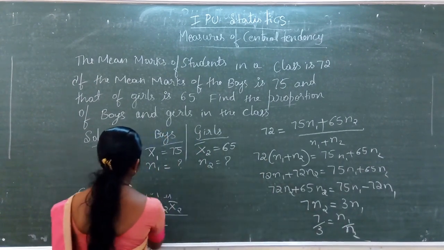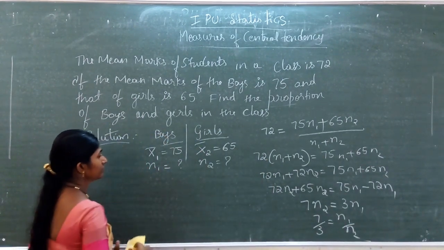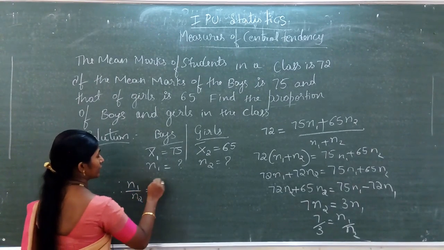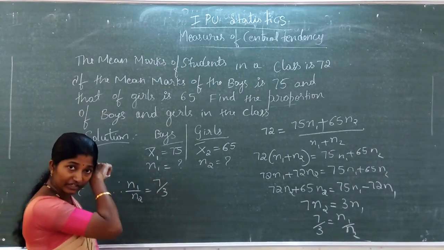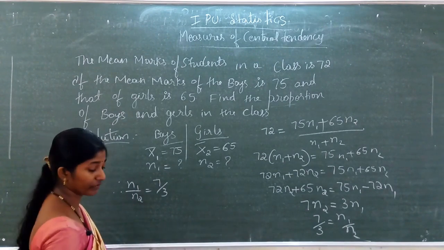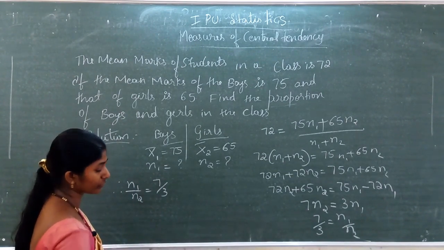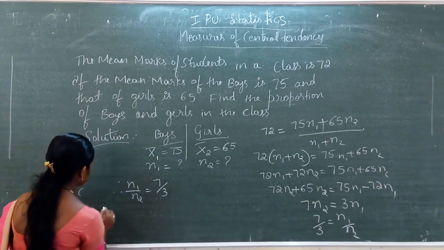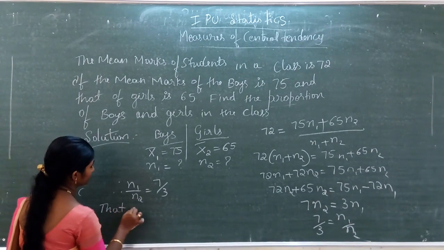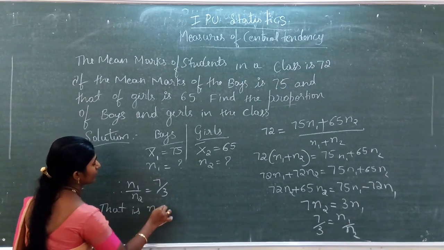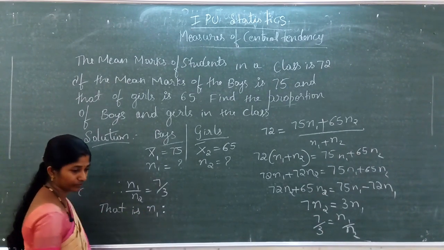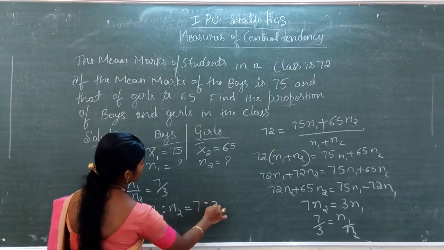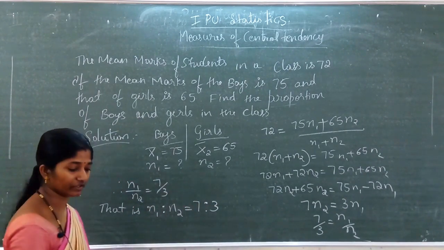Therefore our answer is n1 divided by n2 equal to 7 divided by 3. We got the answer this way, n1 divided by n2 equal to 7 divided by 3. This we can write as n1 to n2 in the proportion 7:3.